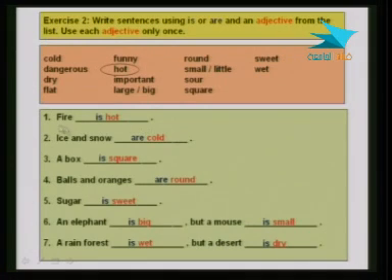And if you notice, we have singular nouns here, just like what we have discussed in the previous lesson, the previous slide. Ice and snow, that's plural. A box is singular. Balls and oranges, plural. Sugar is singular. An elephant is singular. A rainforest is also singular.